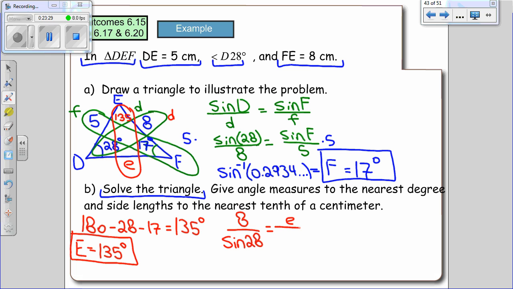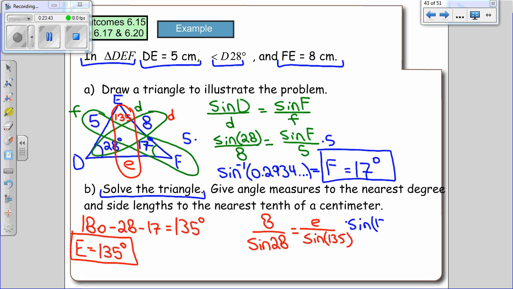And I want to get that E all by itself, so I multiply both sides by sine of 135. Cancels sine 135.